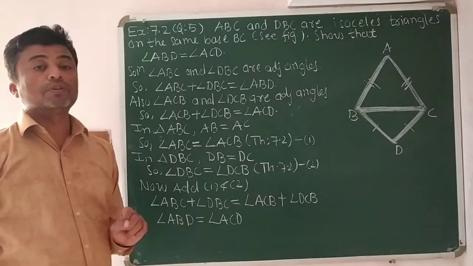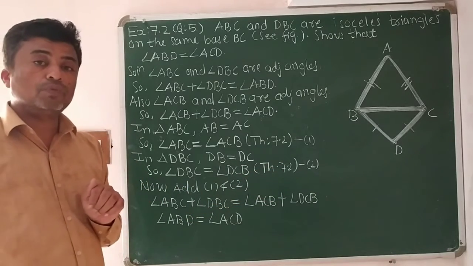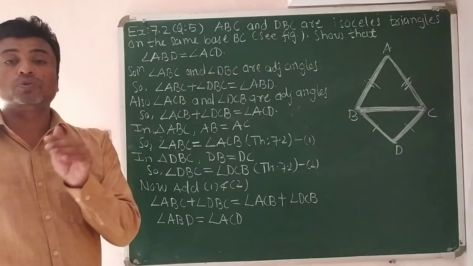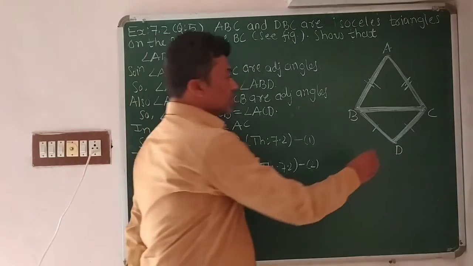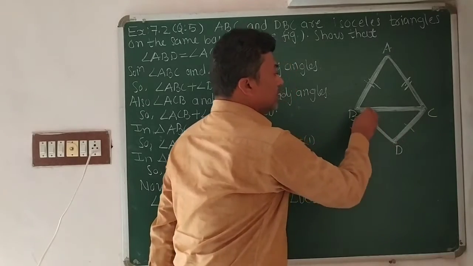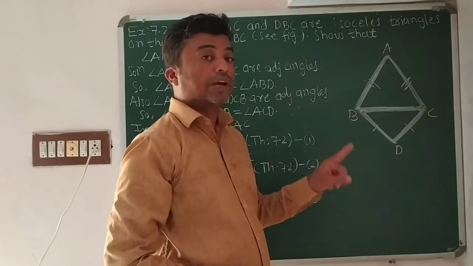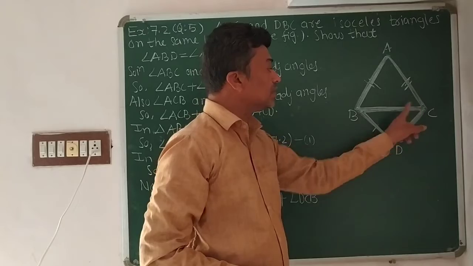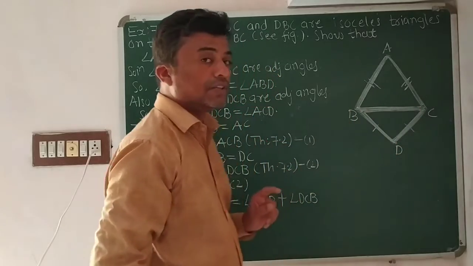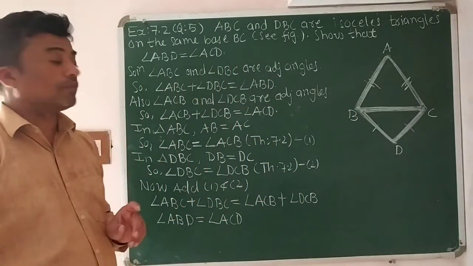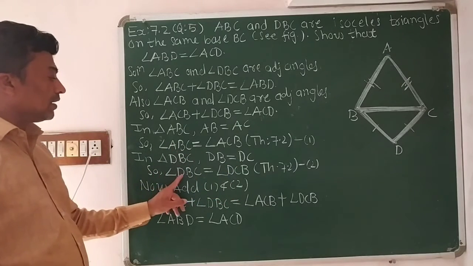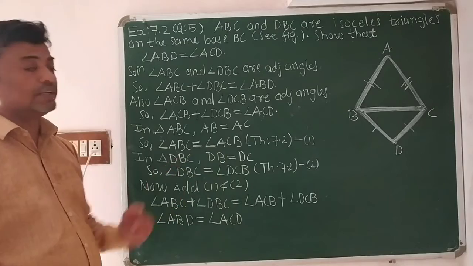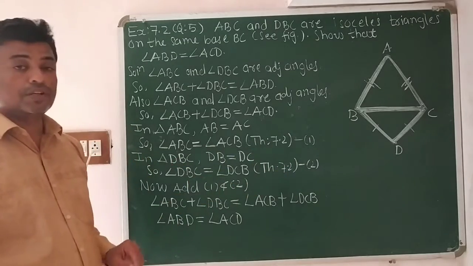According to theorem 7.2. What is theorem 7.2? Equal sides, opposite angles are equal. Here DC and DB both are equal sides, so their opposite angles, angle DBC is equal to angle DCB according to theorem 7.2. And this is our equation 2.